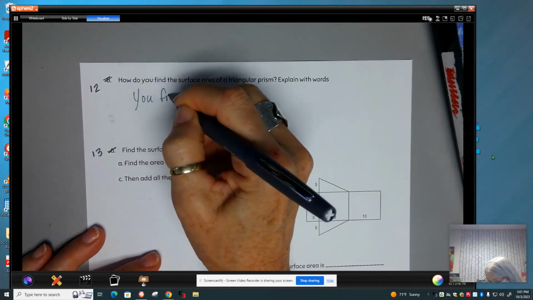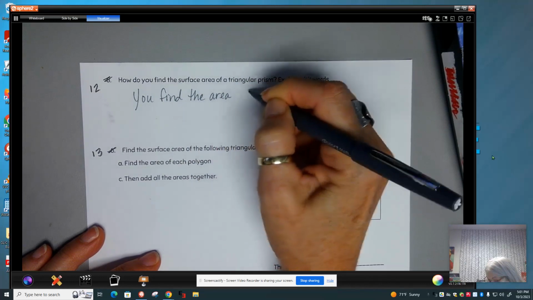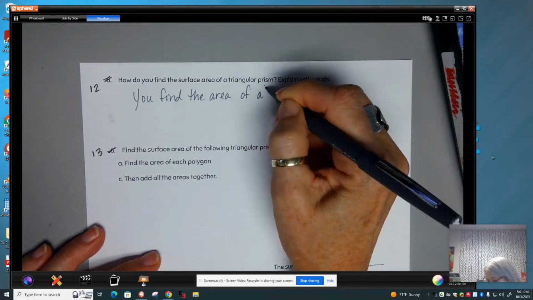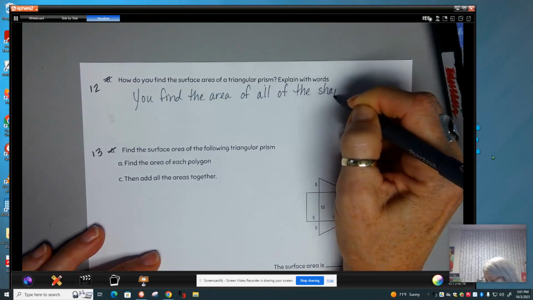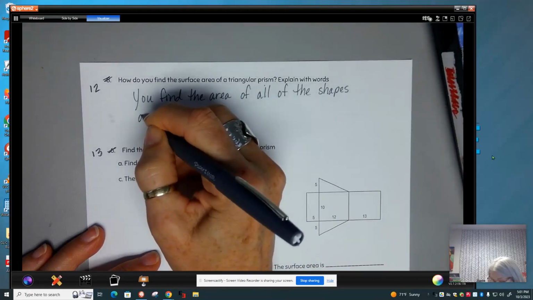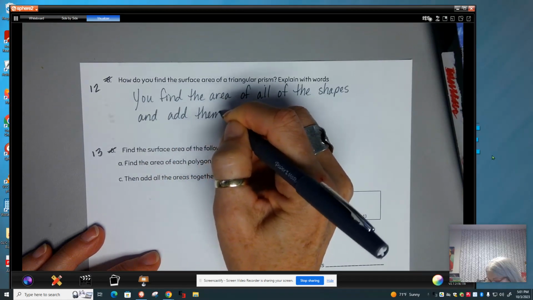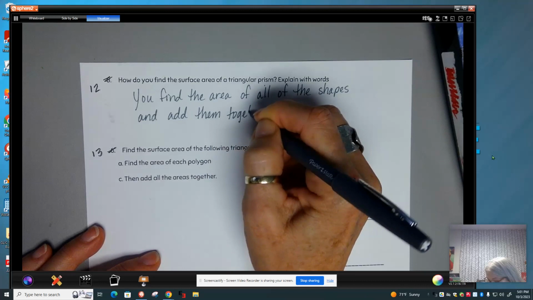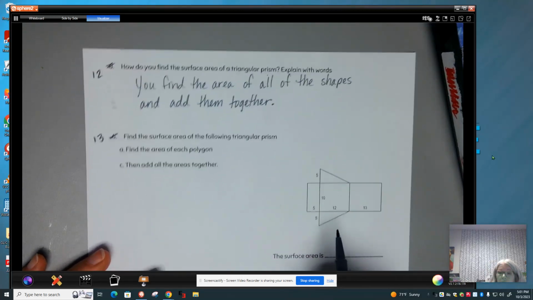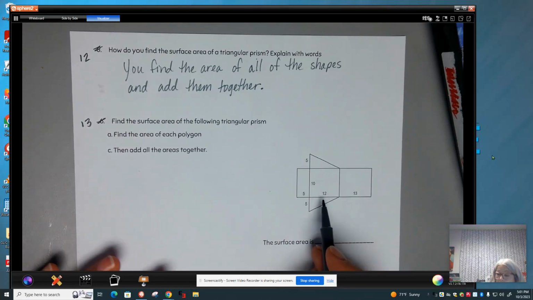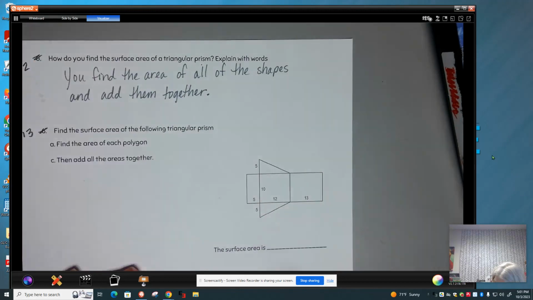You find the area of all of the shapes and add them together. So here's our shape. It's already drawn as a net. So you need to figure out how to find the area of each one.